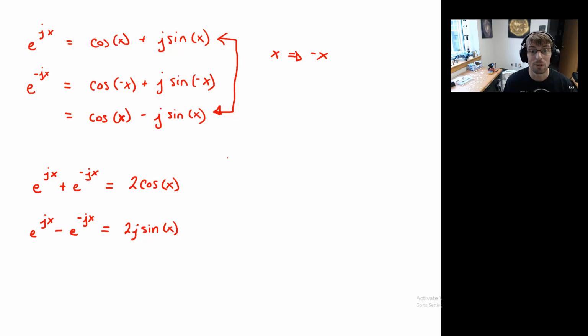Okay. So aside from having Euler's relation under your belt, you might want to remember these two relationships as well. They come in handy. Cosine of x can be written as e to the jx plus e to the negative jx over 2.